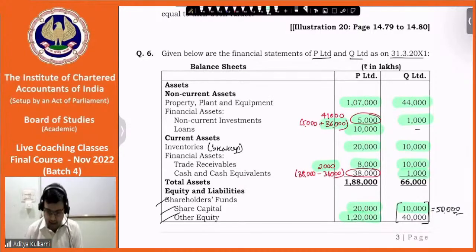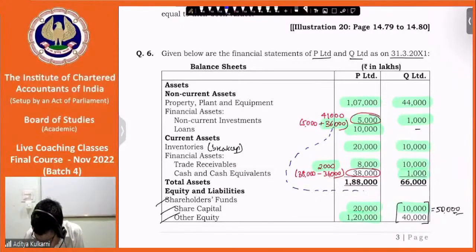A portion of it belongs to non-controlling interest, and a portion of it is what the parent has invested in the subsidiary. So can I say that this 36,000 and this 10,000 to the extent of 70%, can I say that they are like intercompany balances? Yes. And therefore, I will have to eliminate them.